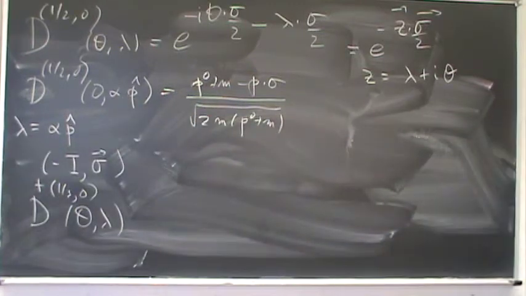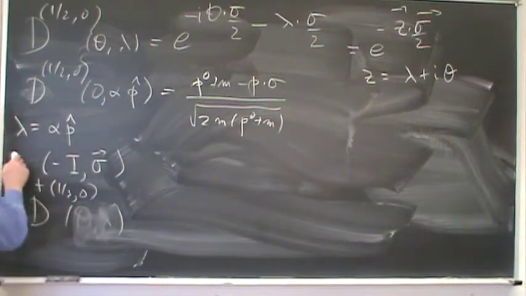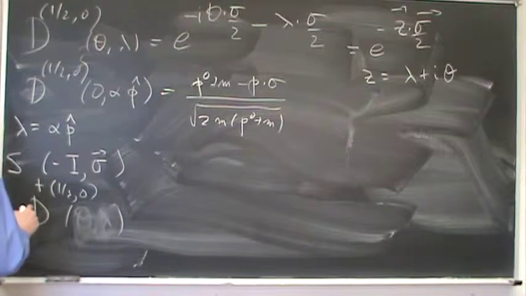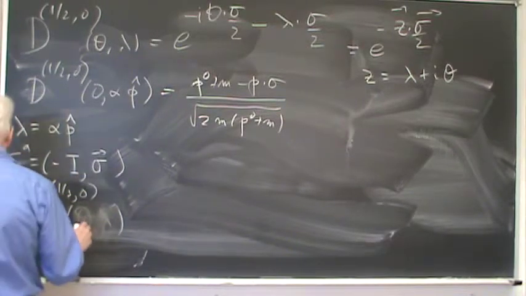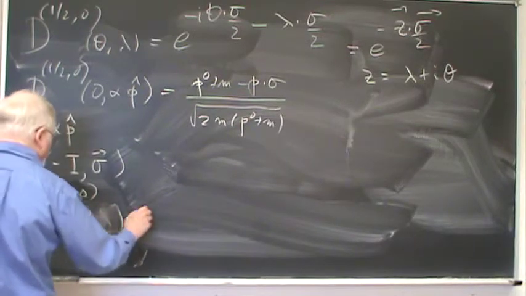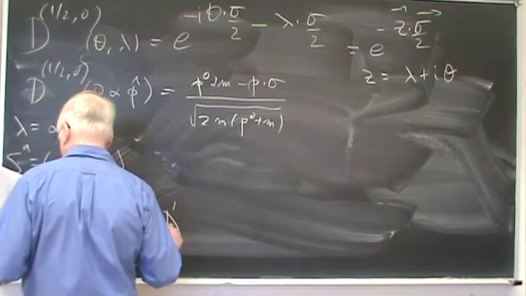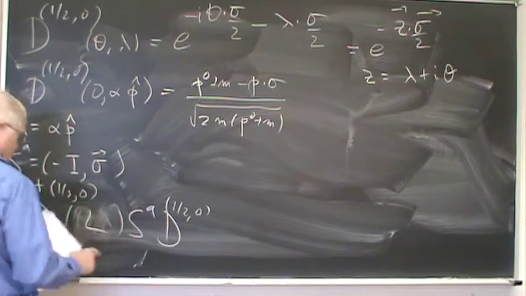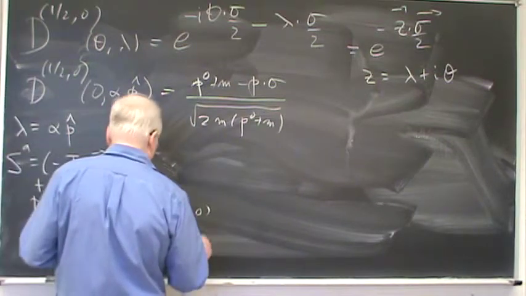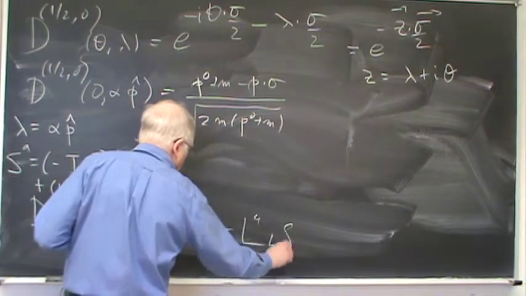Let me get one of these erasers. So if we call this 4-vector S^A, then D(L) on S^A, with D 1/2 0 being the adjoint of the matrix, is equal to L^A_B S^B.